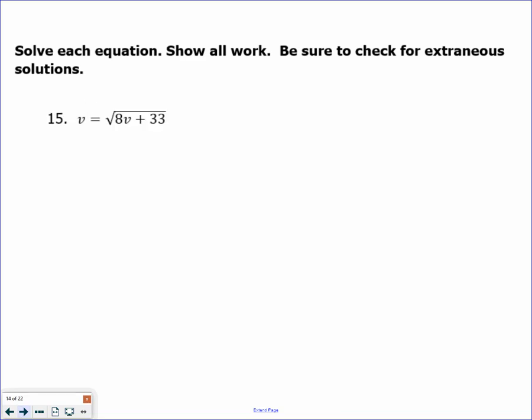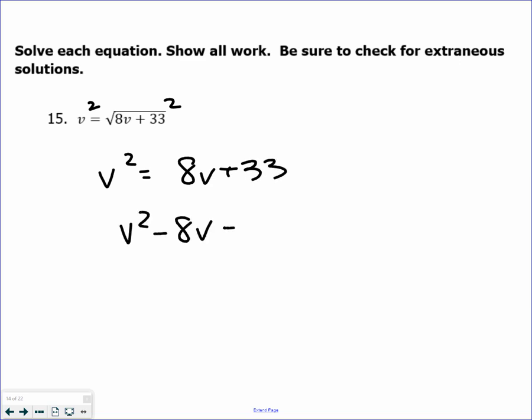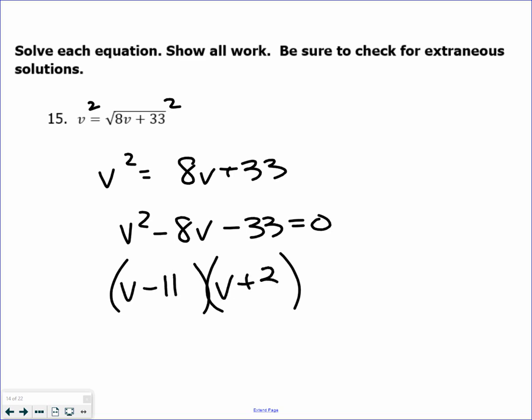Last one here, I'm going to square both sides. Now, set it equal to 0. So I'm going to subtract 8v and subtract 33. Factoring. So I'd have v minus 11 and v plus 3.